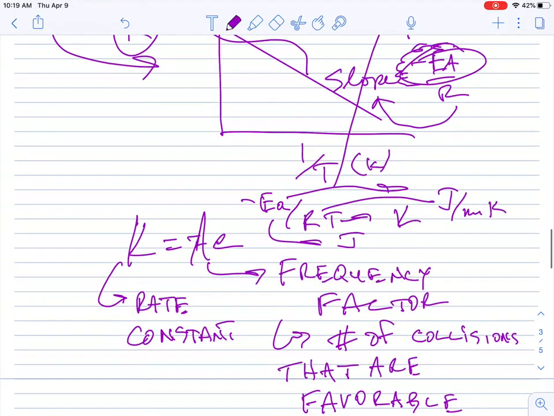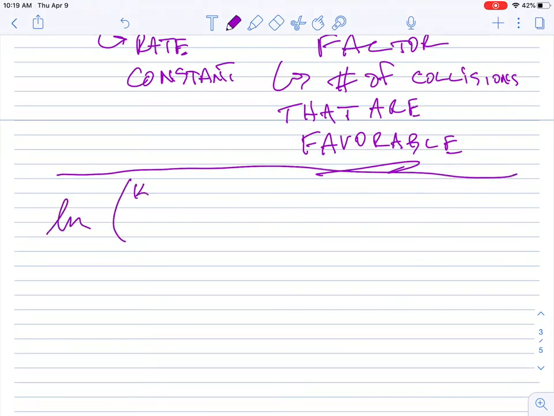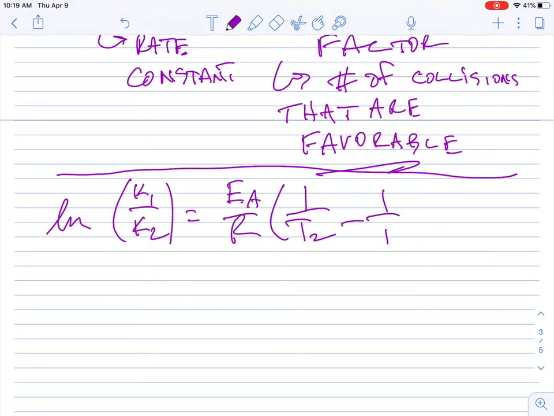I'll get back to the second one in just a second. How this is written is that if you want to compare reactions at two different temperatures, you can take the natural log of K1 over K2 equals E sub A over R times 1 over T2 minus 1 over T1.